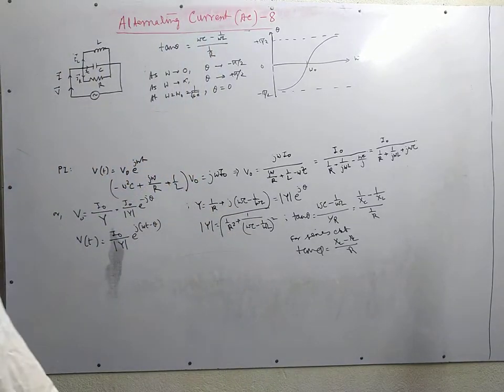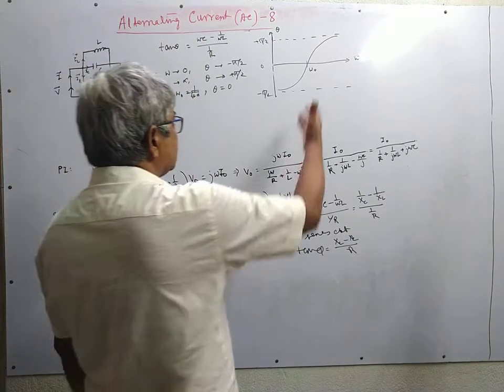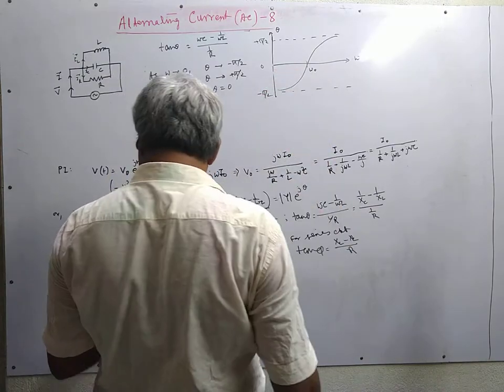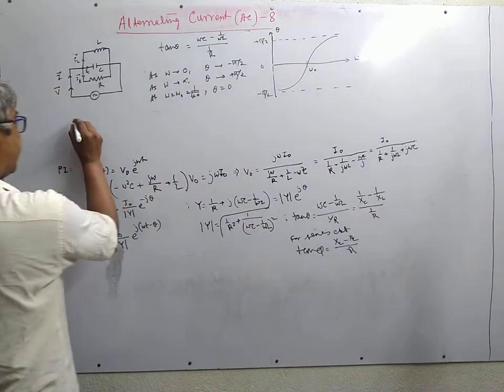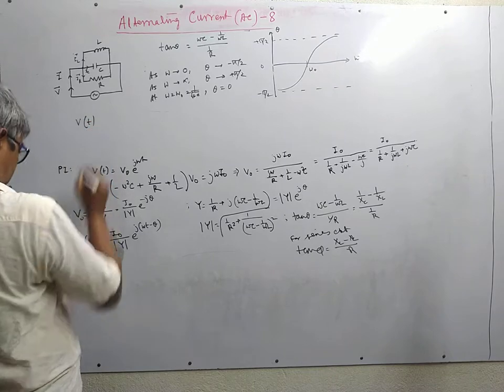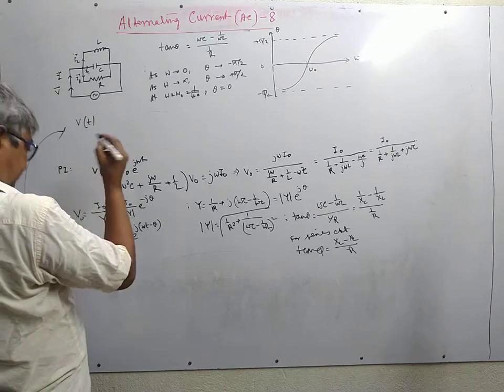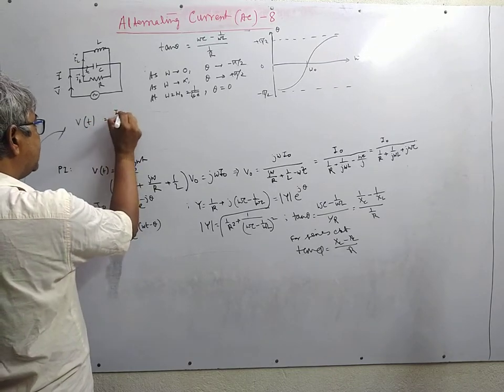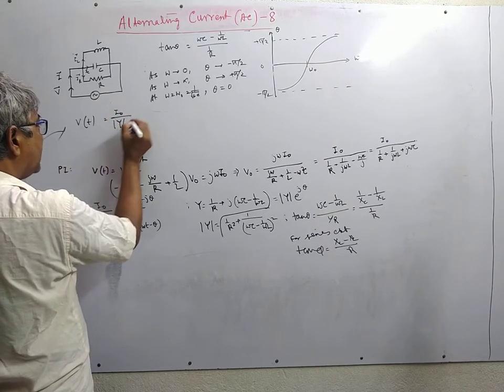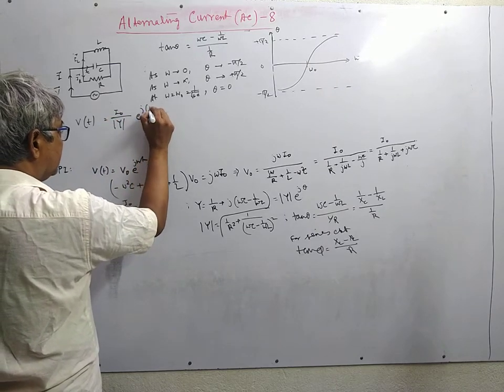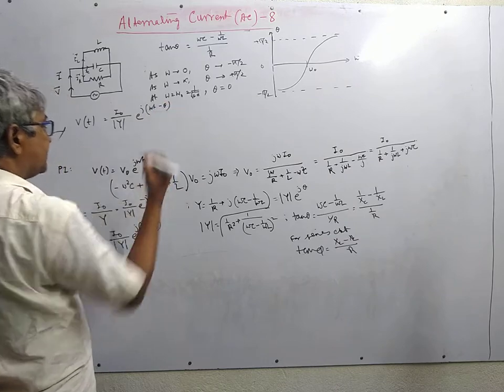Now we see that below the resonance frequency, theta is negative, and if we come to the V expression, V at t is equal to I0 mod Y e to the power minus j omega t minus theta.